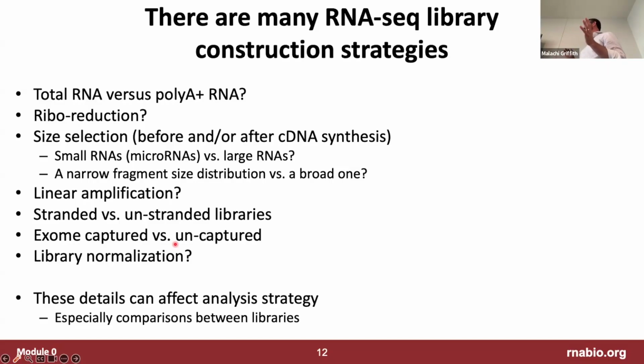And this has the effect of evening out the expression of really highly abundant things and pulling up the expression of really lowly abundant things, and focusing all of your data on the exons that maybe you care about sequencing. So this is popular in a few different contexts, one of which is for heavily degraded RNA. It can really rescue those heavily degraded samples, or in applications where you only care about the protein coding basis of your genome.